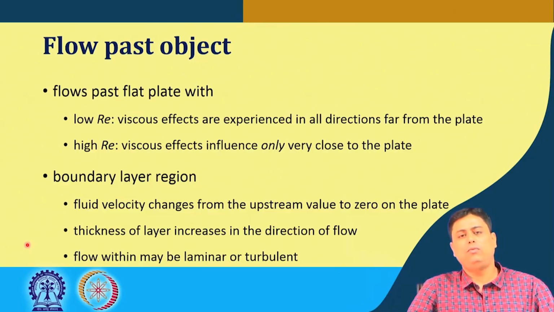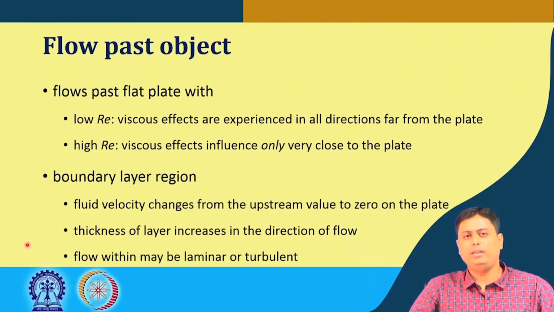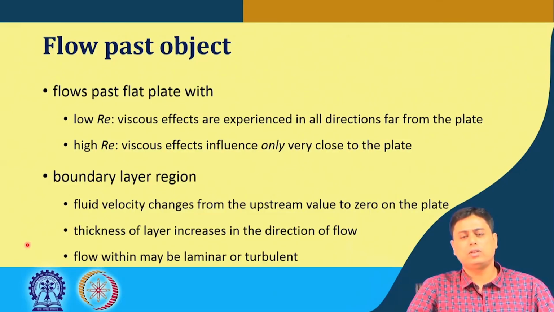Outside this, the flow happens as if the flow is inviscid, which means there is no effect of viscosity, but that rarely happens. But this is the part that demarcates the effect: inside that region, near the plate or the surface, the effect of viscosity is there and there is a velocity gradient, but outside that region the velocity is nearly equal to the upstream velocity.